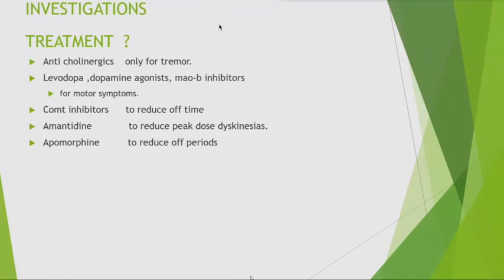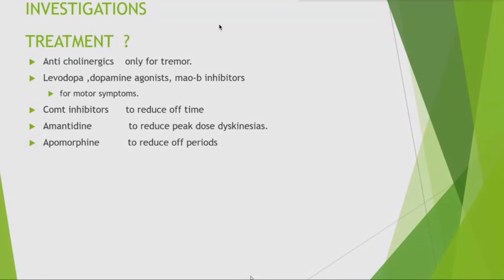Okay. How does a dopamine agonist act? These three drugs, levodopa, dopamine agonist, and MAO inhibitors, are useful for motor symptoms. They may not help you much with the tremor component of it. Okay.